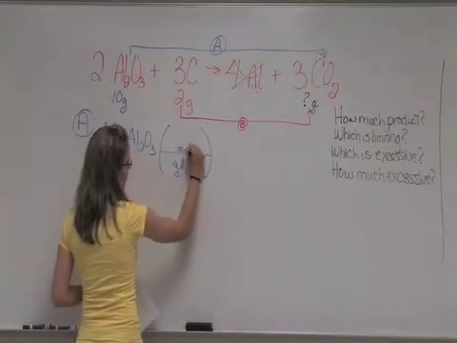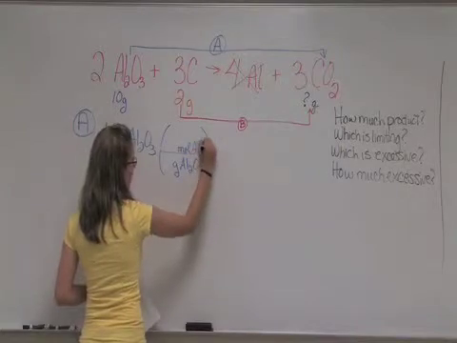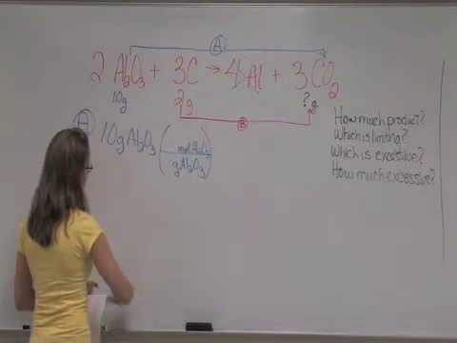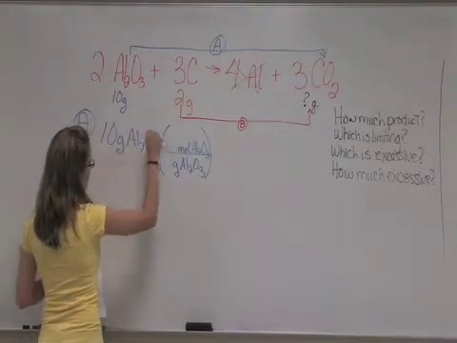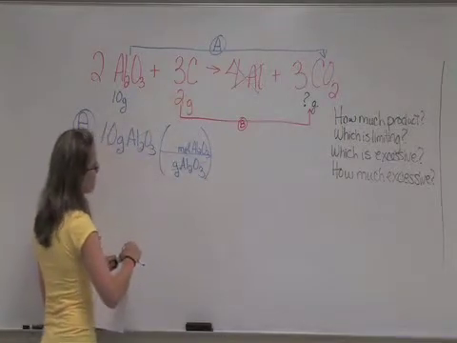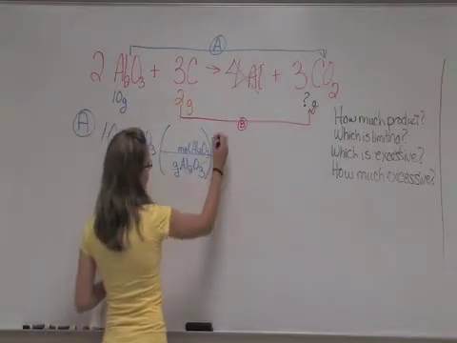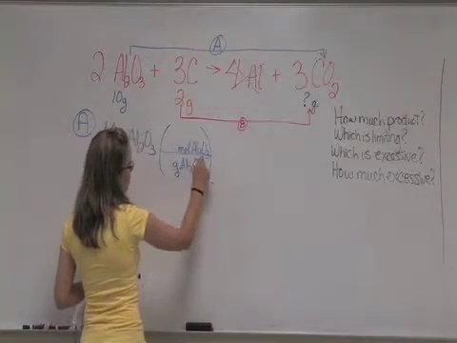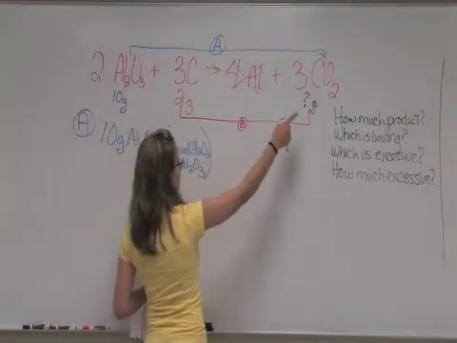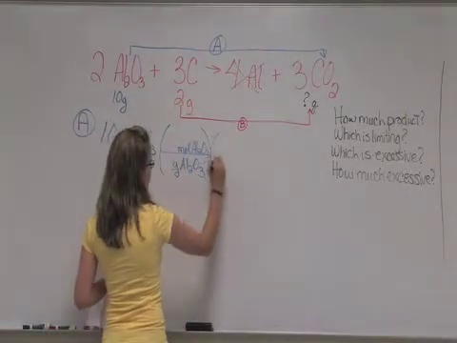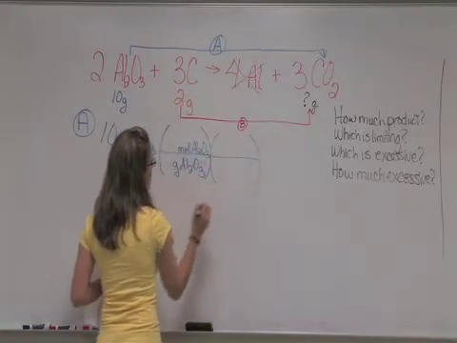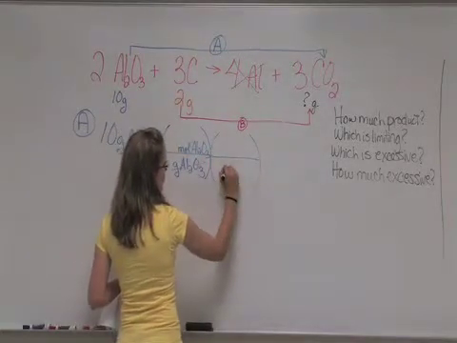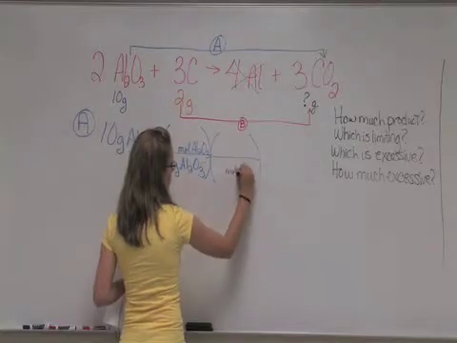So moles of aluminum oxide are going to go on top. Those cancel. We're left with moles of aluminum oxide, but we're trying to get to grams of carbon dioxide, so we still need more parentheses. Moles of aluminum oxide can go on the bottom to cancel.